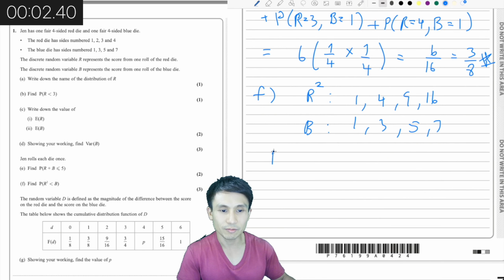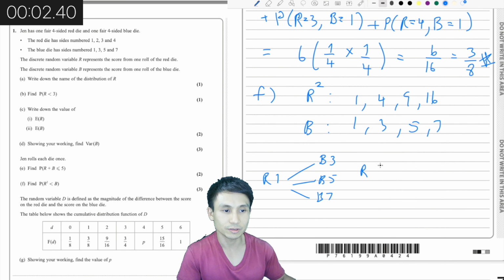So this would be the probability of R squared less than B. So we have R. Okay, I'm going to do this. If R is 1, then B can be 3, 5, 7.